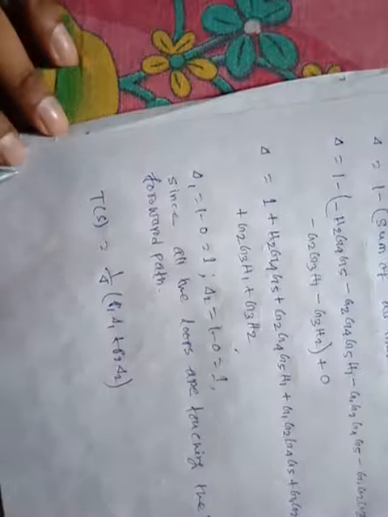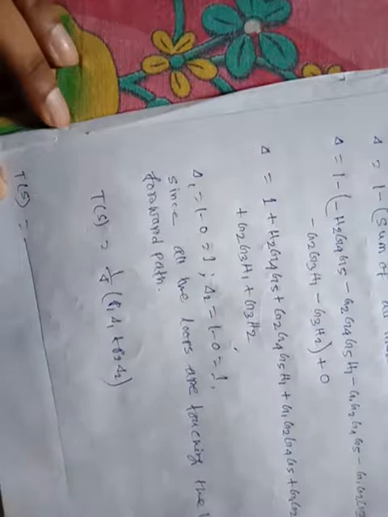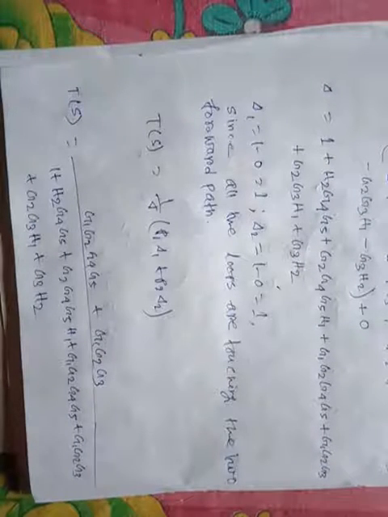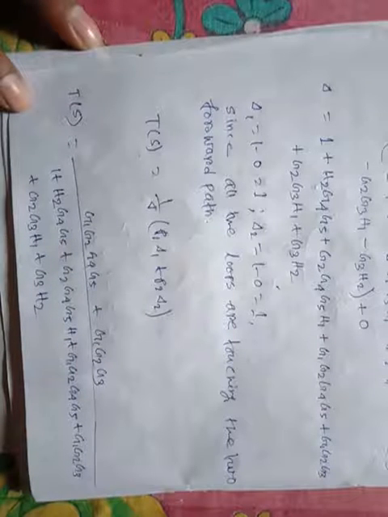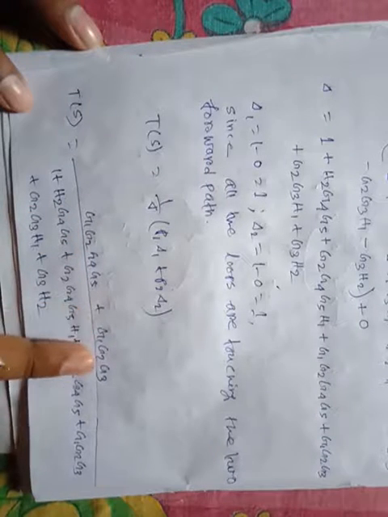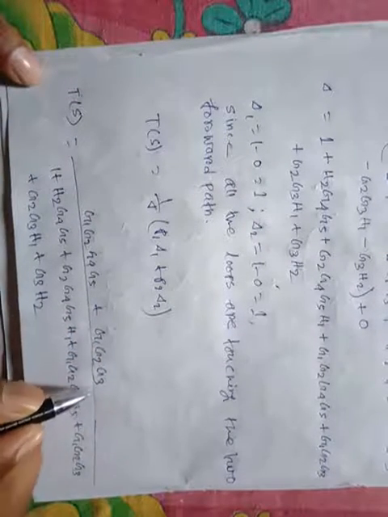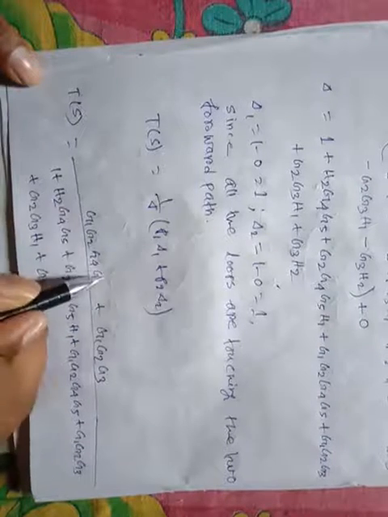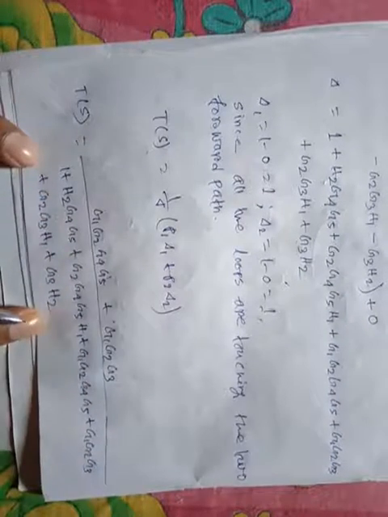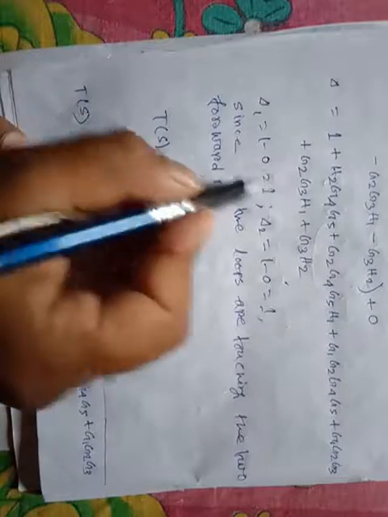Then the transfer function T(s) is equal to G1 G2 G4 G5 plus G1 G2 G3 in the numerator, which are the forward paths. Here we put the values of the first forward path and the second forward path, and the lower part is the sum of all individual loop gains.